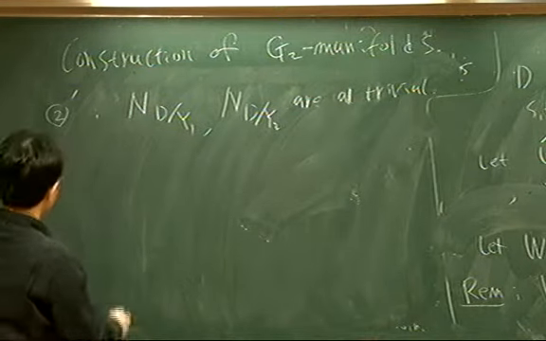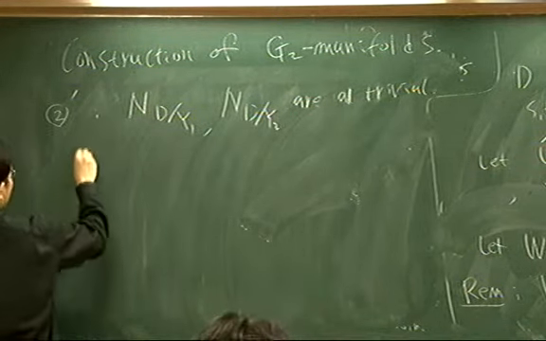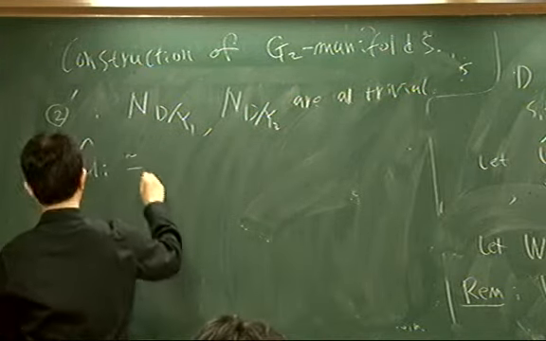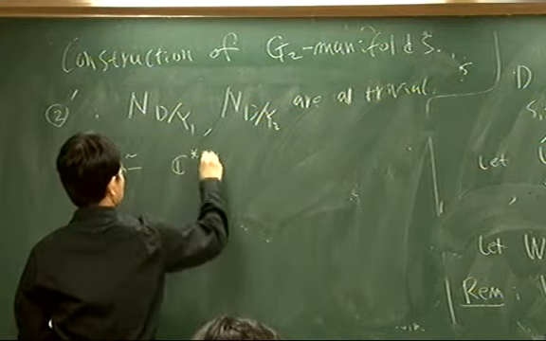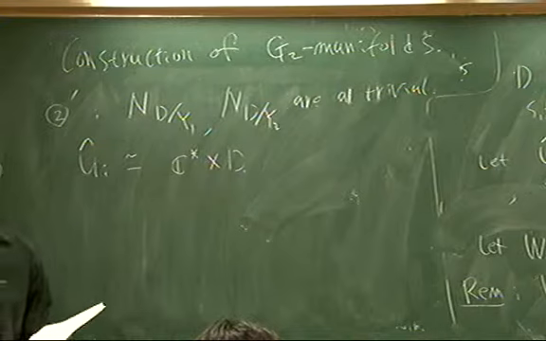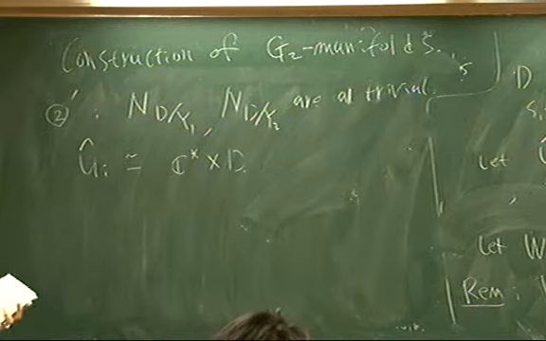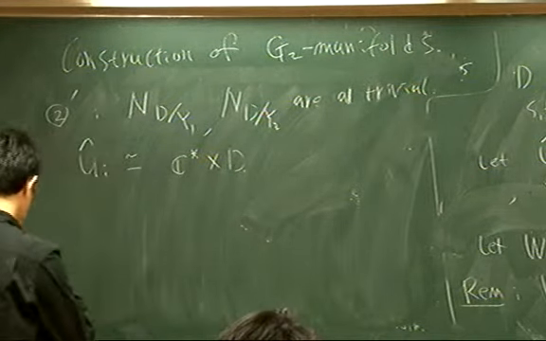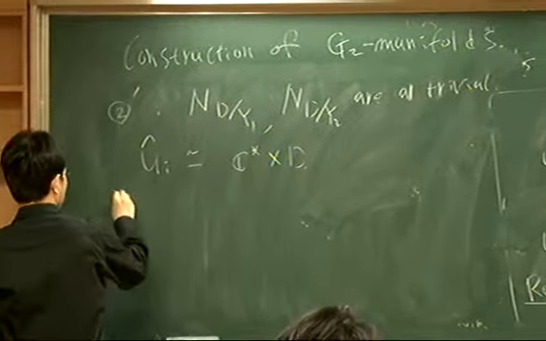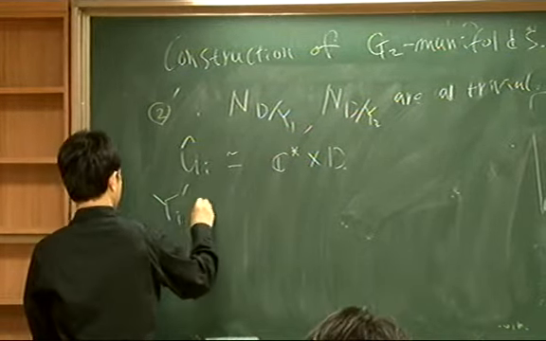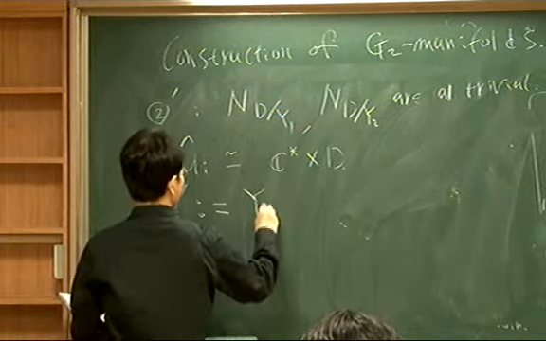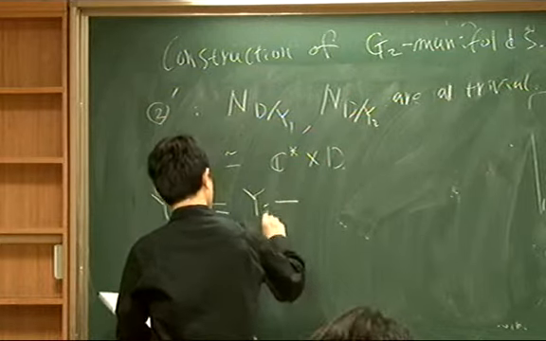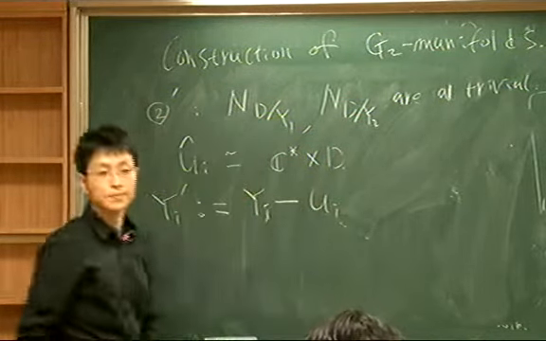Then, with this one, topologically, this Ui hat is isomorphic to just C star times D, because the line bundle is trivial. Then, let's consider this one. So, Yi prime is Yi minus Ui.